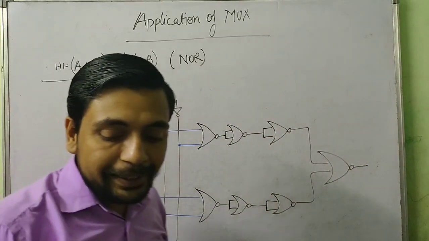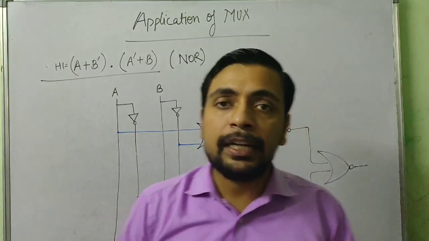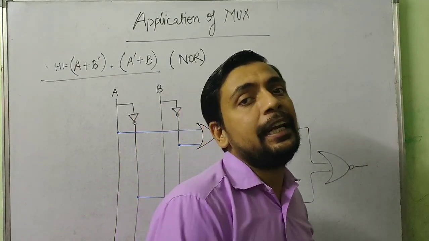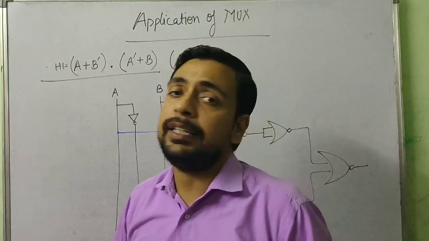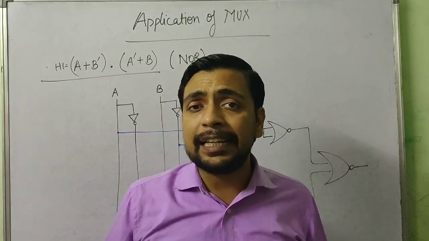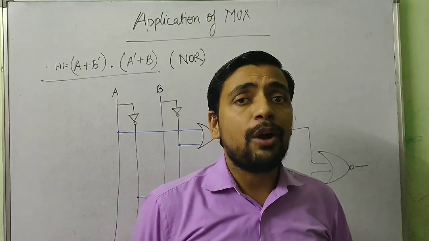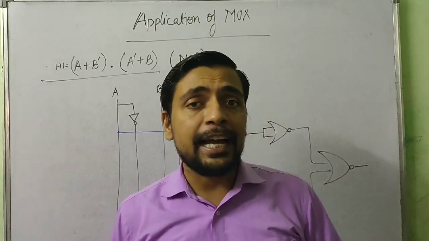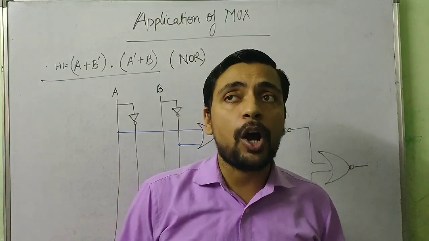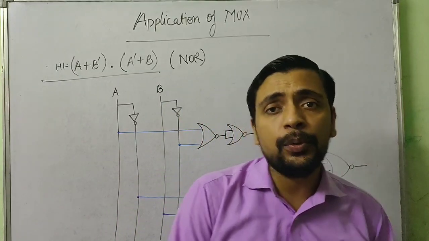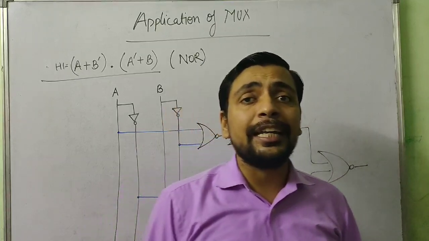So the hint to solve these questions is, you should know how to form a basic elementary gate with the help of these universal gates. Once these things are clear to you, how to form a NOT with NAND and NOR, how to form an AND with NAND and NOR, and how to form an OR with NAND and NOR, then you can easily convert any Boolean expression.